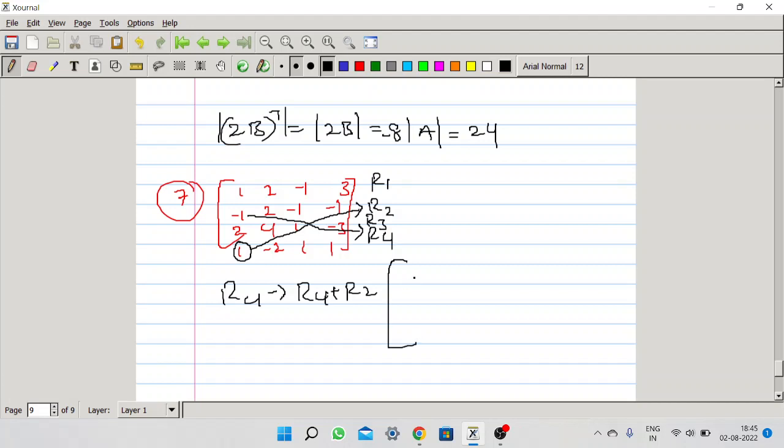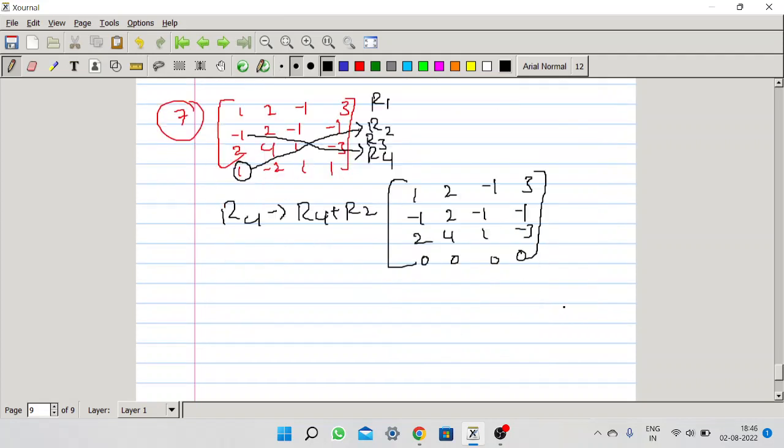So the resulting matrix is 1, 2, minus 1, 3, minus 1, 2, minus 1, minus 1, 2, 4, 1, minus 3. Here it will become all zeros. To reduce the calculations or number of steps, you can do both operations in a single step.